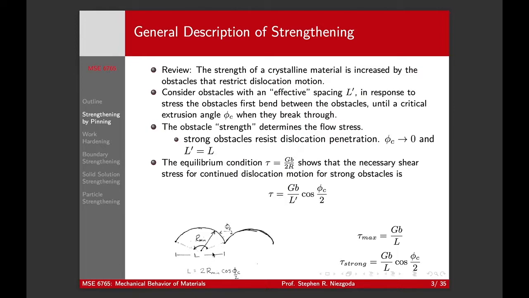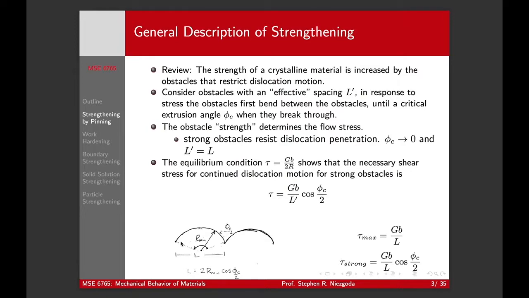And if a dislocation comes up on this array of obstacles, it's going to bend around them, and it's going to keep bending and bowing out until there's some critical angle that's met here, and then it'll break through, right? If these are very strong obstacles, our critical effective length is the actual physical length between them, and this critical angle goes to 0, and then we bow around.